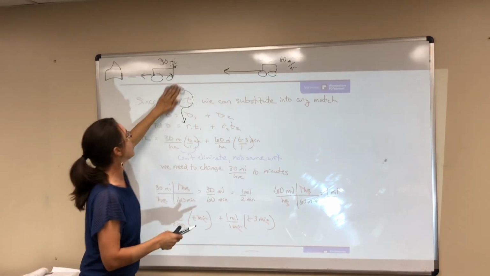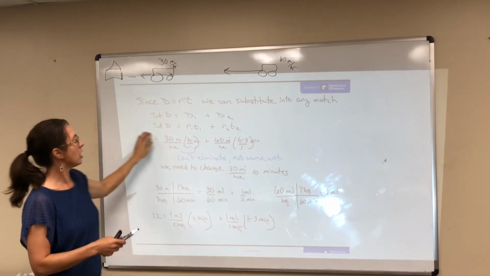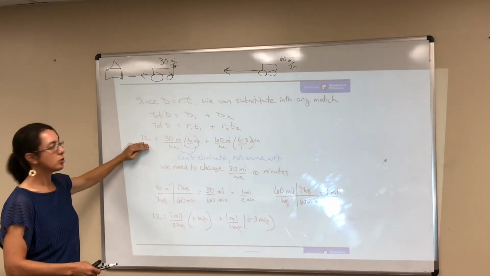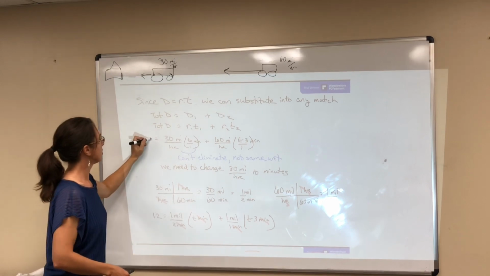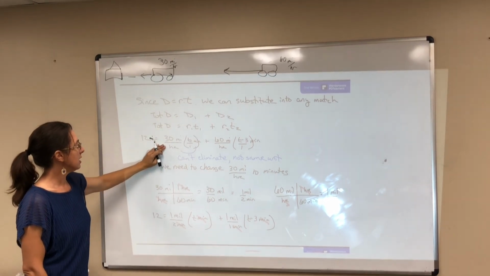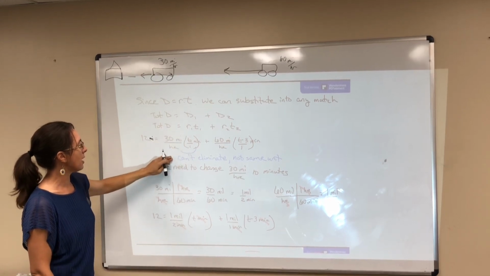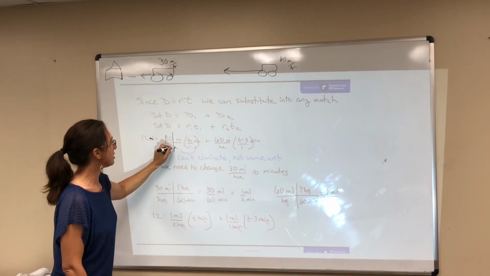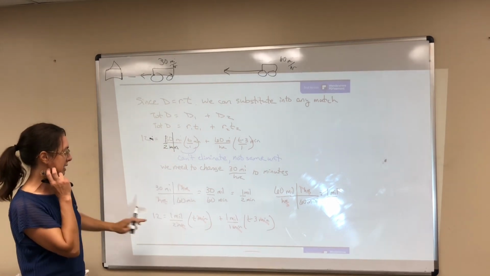So let's plug in our values that we now know. What was our total distance? 12 miles. The rate of the first truck, which I still have in 30 miles per hour, we know is 1/2 mile per minute. That's down here.